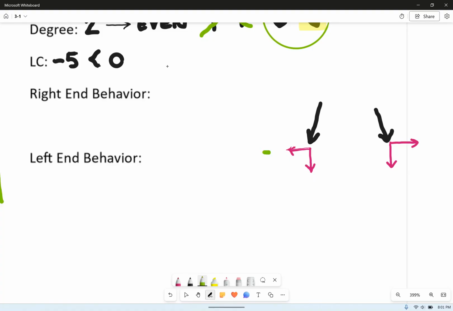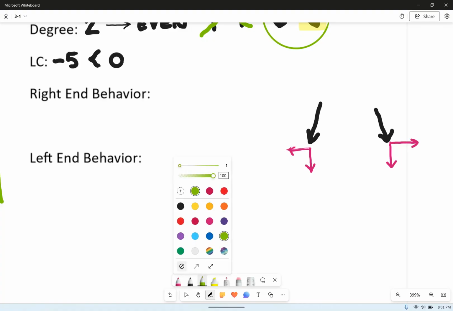Pointing left means you're going negative. So negative infinity. Pointing downwards means you're going negative infinity vertically. Over here to the right black arrow, it's moving right positively, and it's moving down negatively.